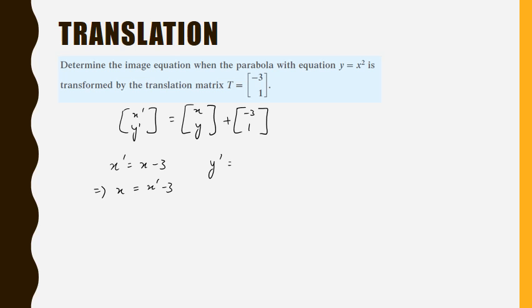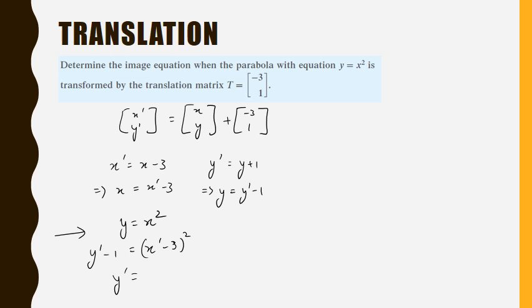We'll do the same for the y. So then we get y equals y dash minus 1. So let's sub this in. We have y equals x squared. And then we get y dash minus 1 equals x dash minus 3 squared. Then put the 1 over and we have the answer.